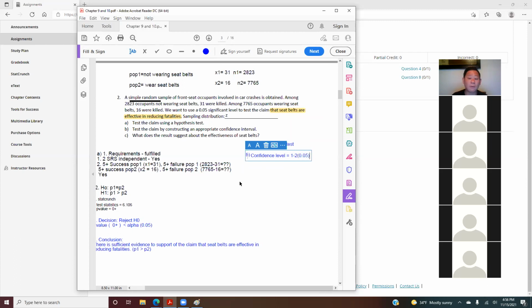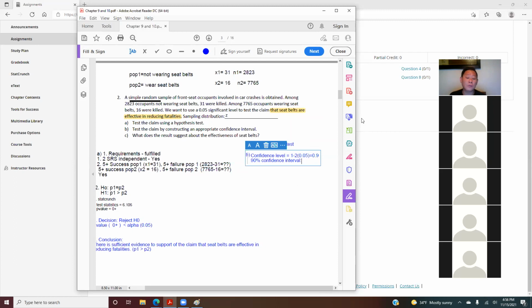So can someone use a calculator to tell me what this is? So that will be 0.9, right? Or in other words, a 90% confidence level.